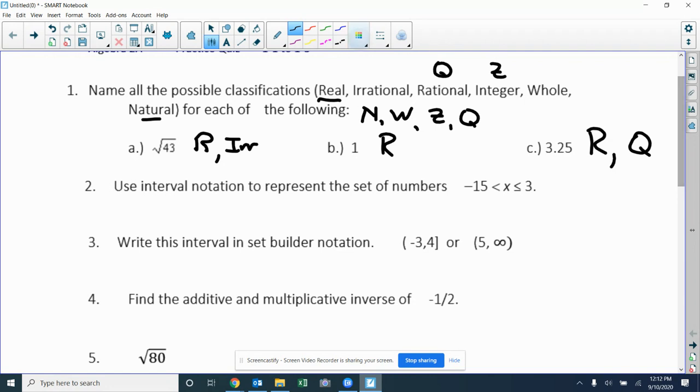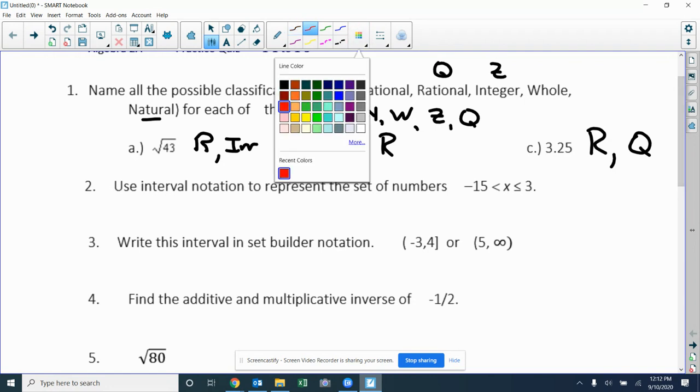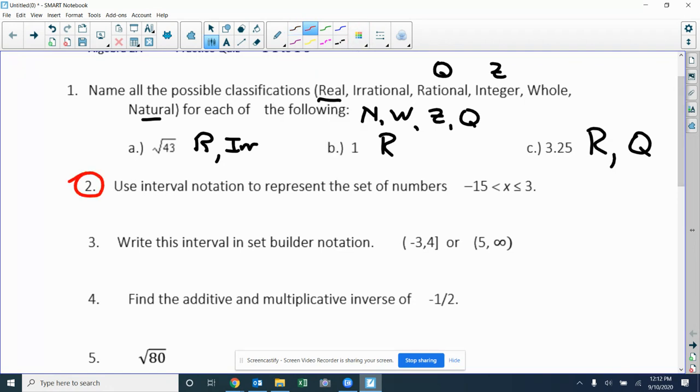Interval notation. Interval notation for number 2. -15, comma, 3. This one's the easier of the 2. Does -15 have an equal sign with it?